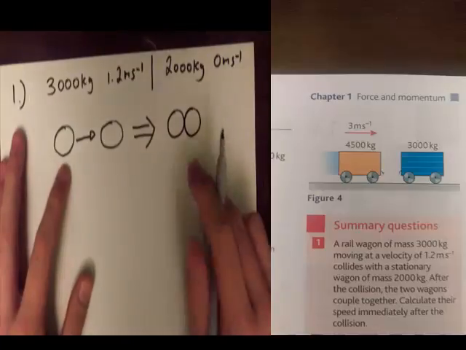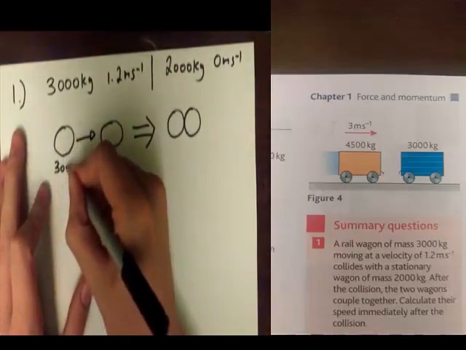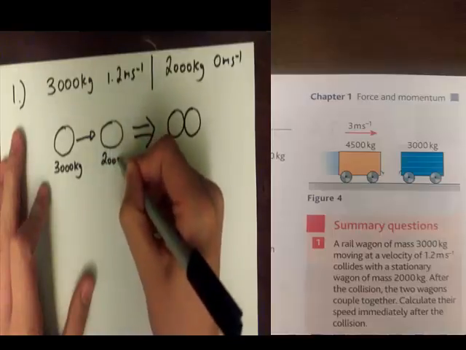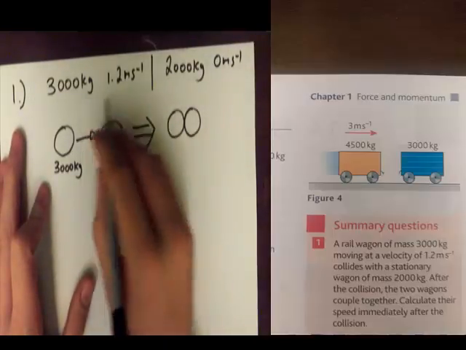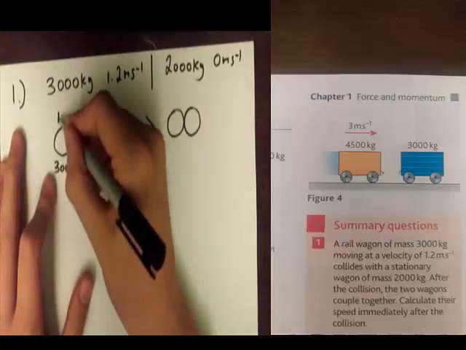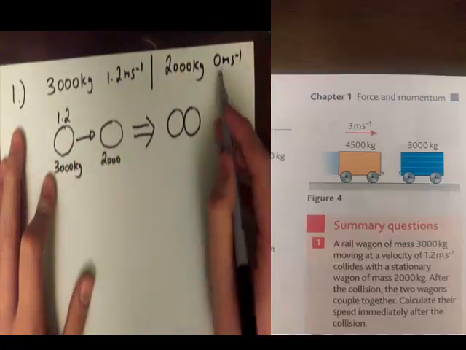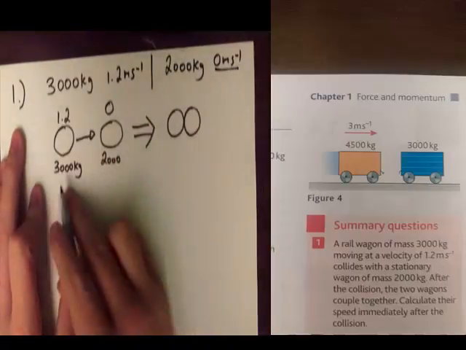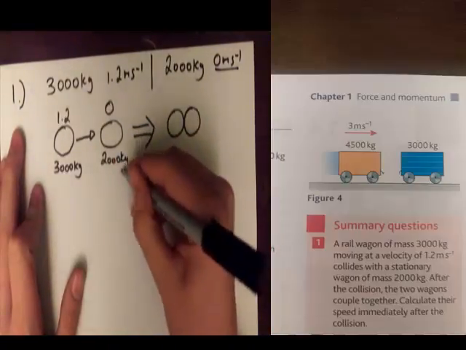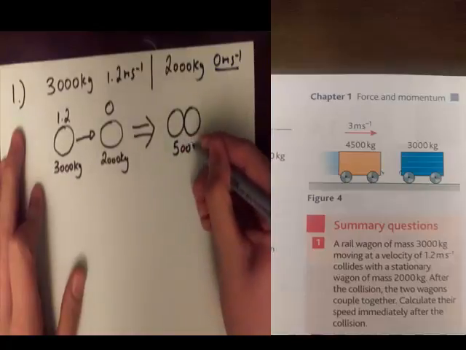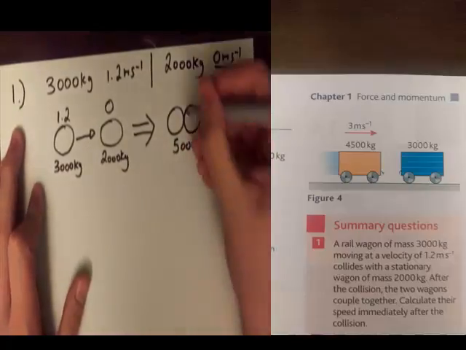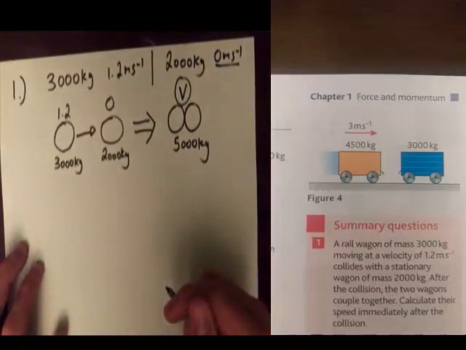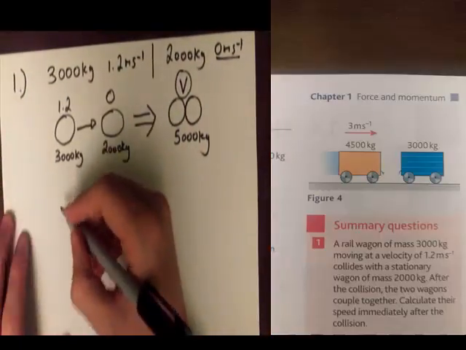Now to make this even better, we'll label the mass here and the mass of this one and the velocity of this one, and we know that the velocity of this one is 0, and we know that the combined mass will be 5,000 kilograms, and we're trying to find V here. Right, so we can use our formula.